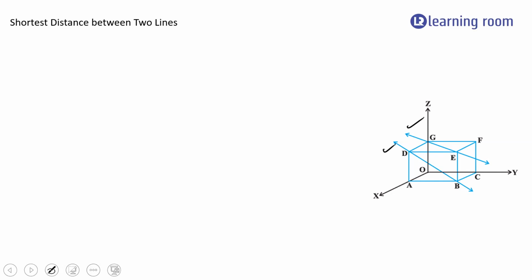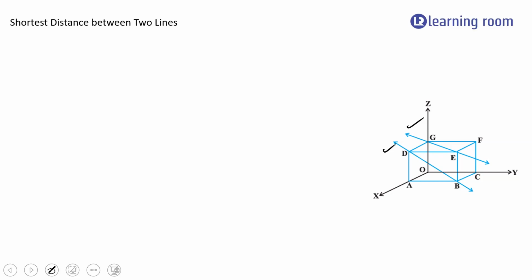When two lines lie in space, there is a possibility that they meet at a particular point. Then the least distance that we can measure between them is going to be 0, because they are meeting at a particular point.